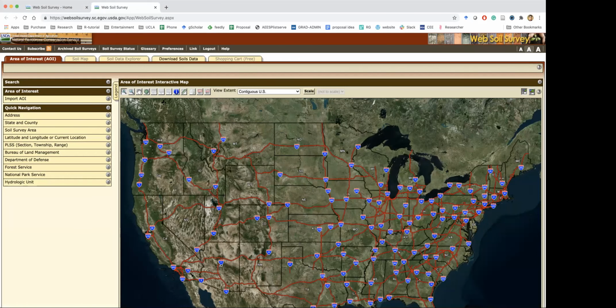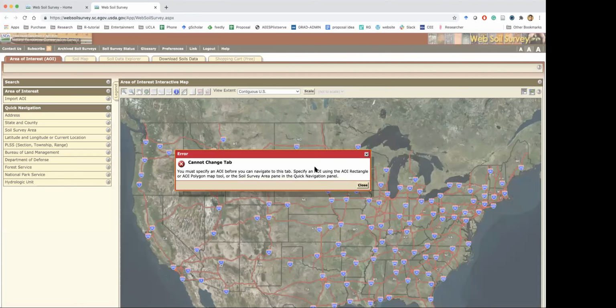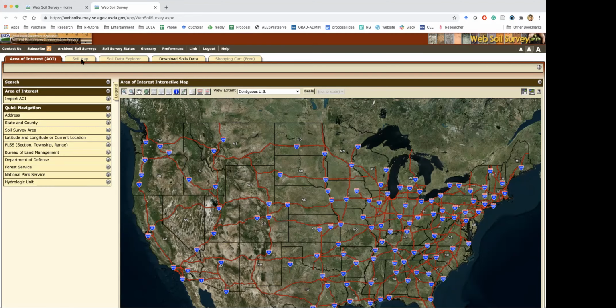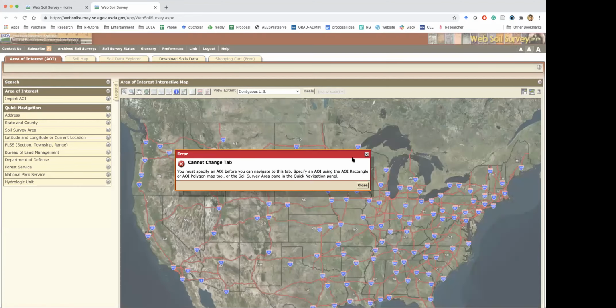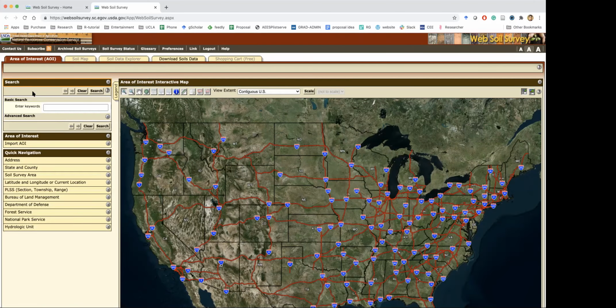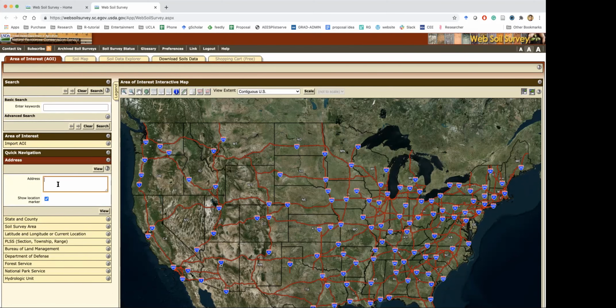Let's see, if you want to do it, let's say you go to soil map. Oh, you have to search by address. So let's see, Los Angeles or UCLA. I don't think UCLA.